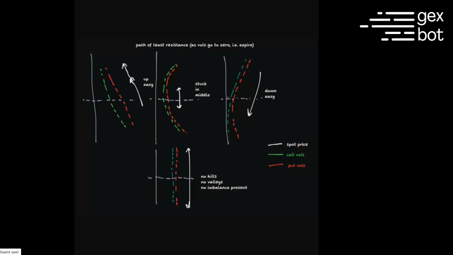So in this case, the vols are higher underneath spot and lower above spot, and therefore it's easier for spot price to move towards higher liquidity, because volatility and liquidity are opposites.